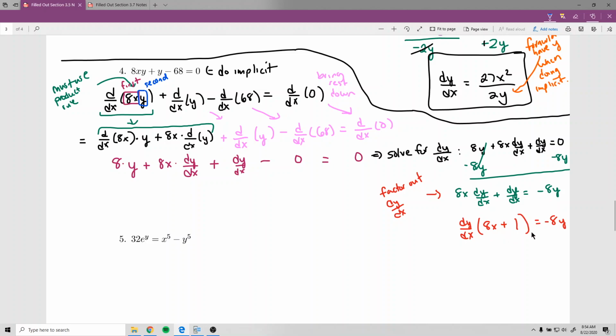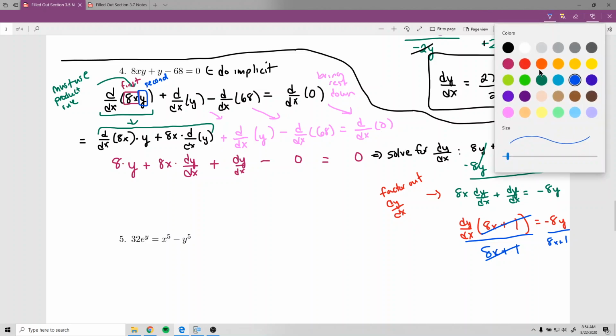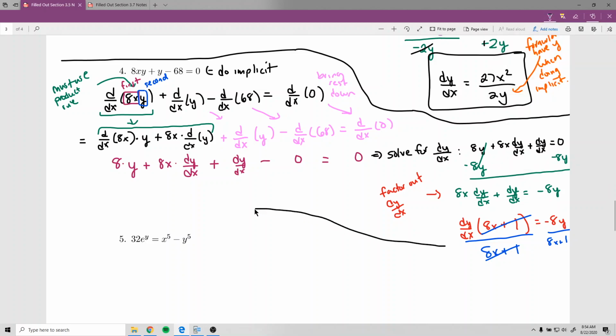And now we divide by the 8x plus 1 to get the dy over dx by itself. And our final answer, I'm going to not try to use any more room for the next one. So we got dy over dx equals negative 8y over 8x plus 1.